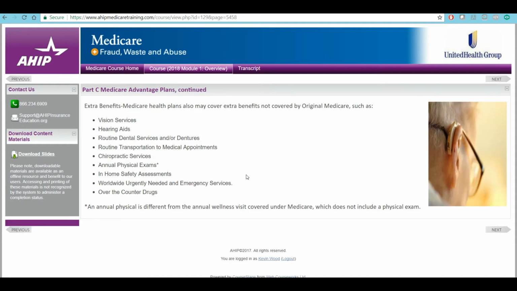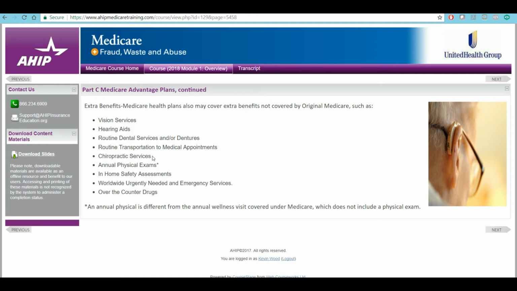So here's actually Part C, Medicare Advantage plans, continued. They can offer, sometimes do offer, extra benefits such as vision services, hearing aids, routine dental services, or dentures. Routine transportation to medical appointments, often maybe 12 to 24 one-way trips a year, that they can have free transportation to medical appointments.